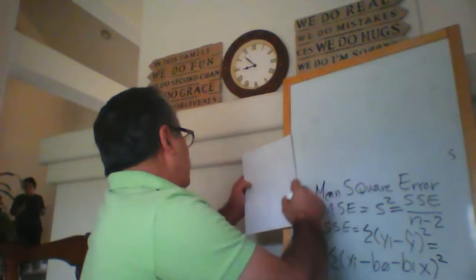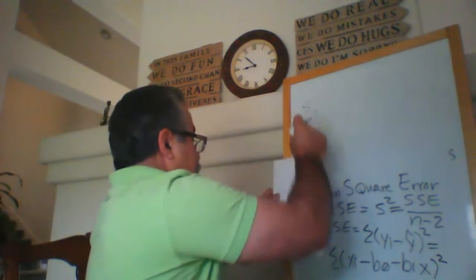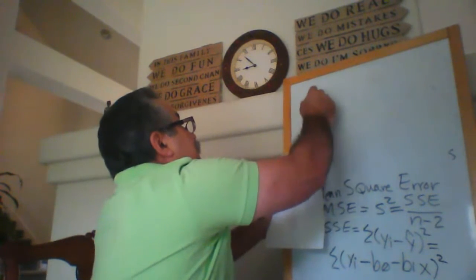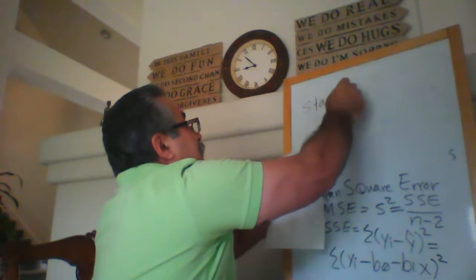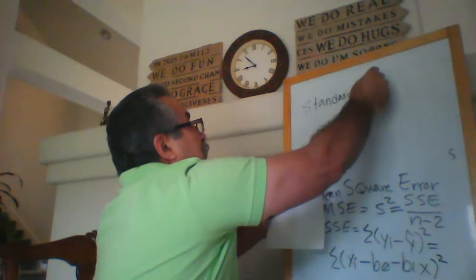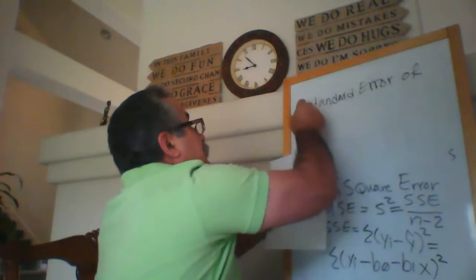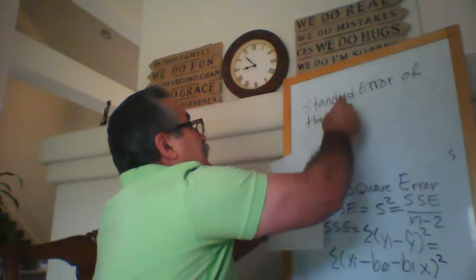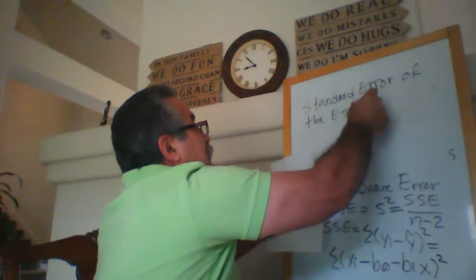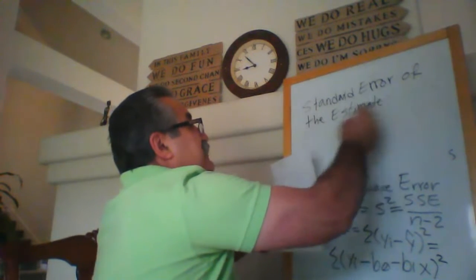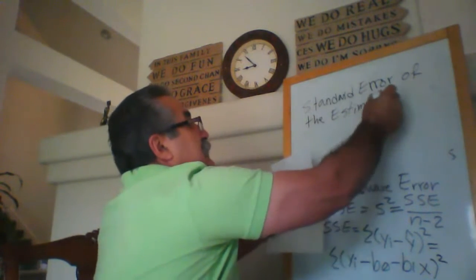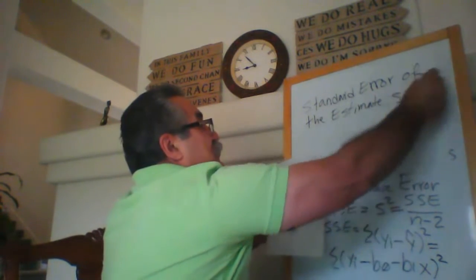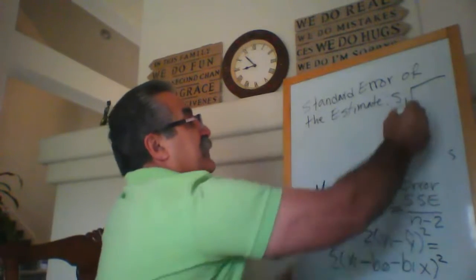Then we have the standard error of the estimate, and that is S, the square root of MSE.